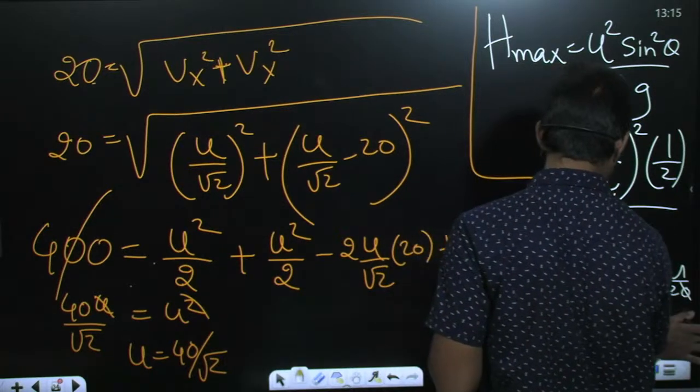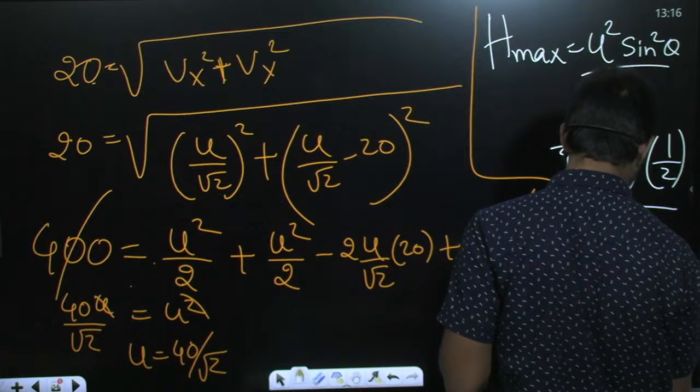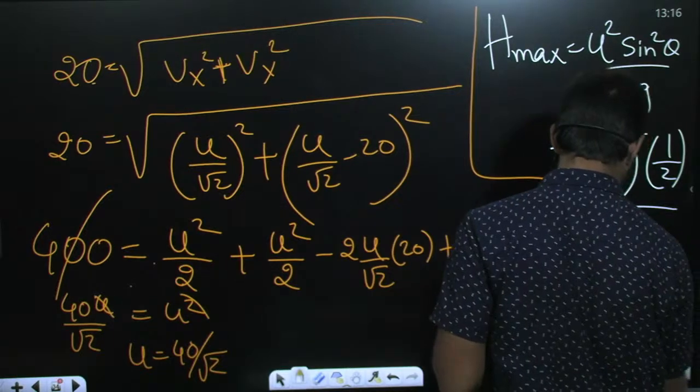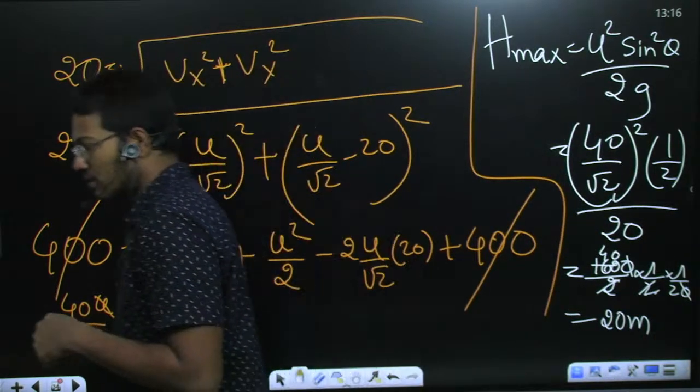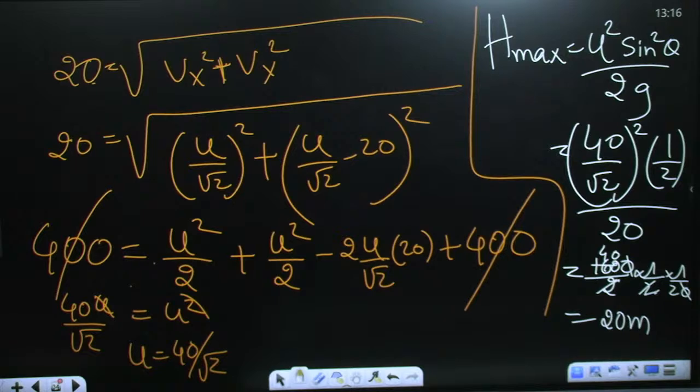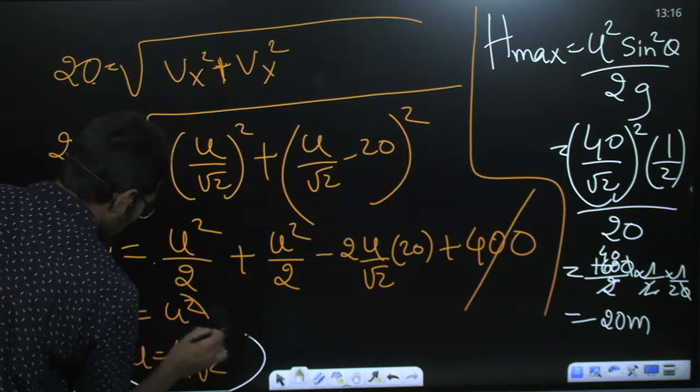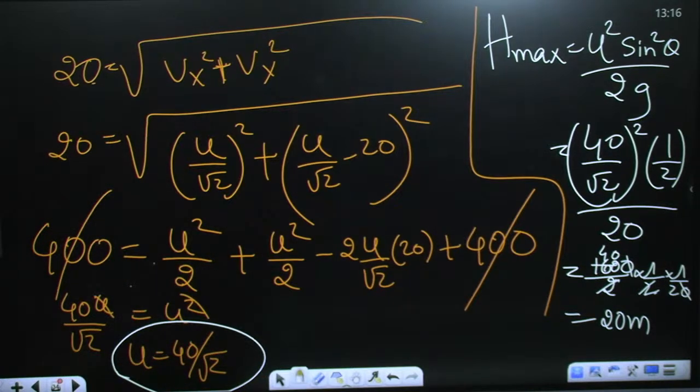Sorry, 20. What is the maximum height reached? 20 meters. Yes, the maximum height is 20 meters. So the velocity with which it is thrown is 40 by root 2, and h max we got as 20 meters.